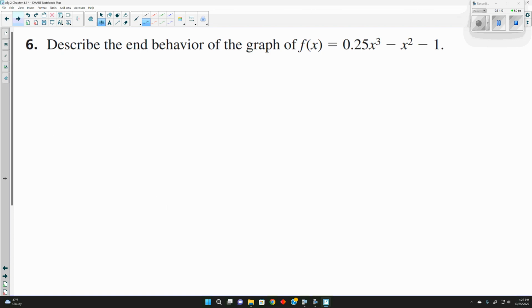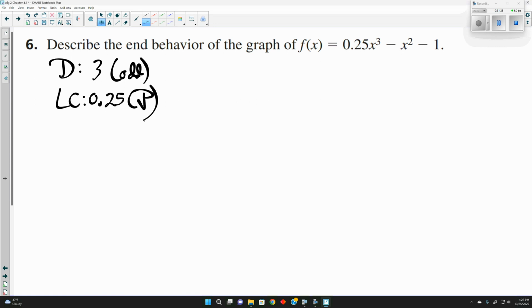Let's look at one last one. What's the degree for this here? 3, which is odd. Leading coefficient is 0.25, which is positive, yes? Well, since it's an odd function, f of x is going to approach infinity, and f of x is going to approach negative infinity.